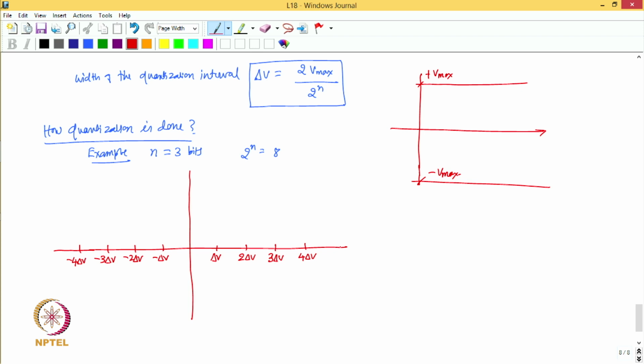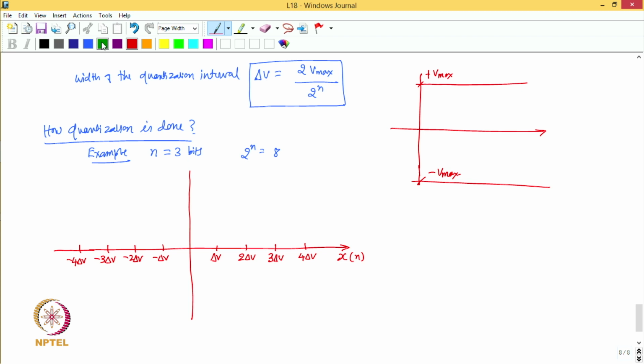Now the signal amplitude for any sample will lie in one of these intervals. We will have a discrete signal here, that is x[n]. Depending upon which interval it is in, a quantization level is associated with that interval, and the quantization level for each interval is equal to the average value of the signal in that interval.